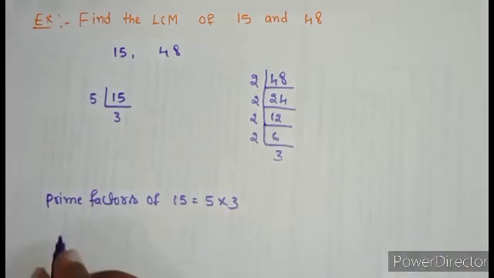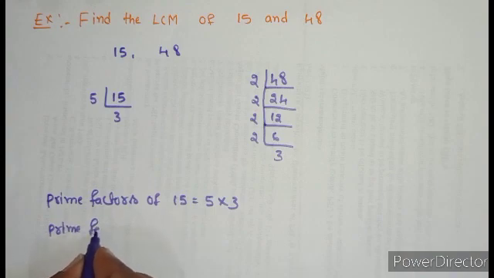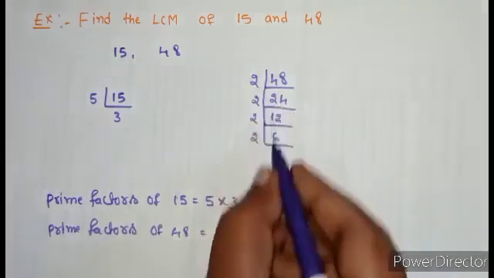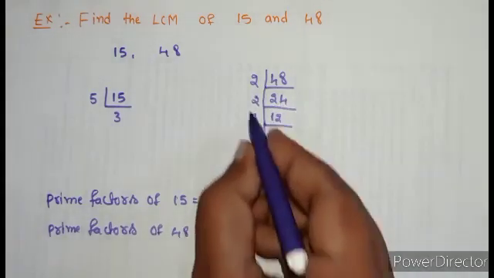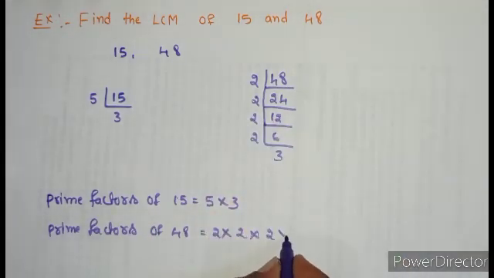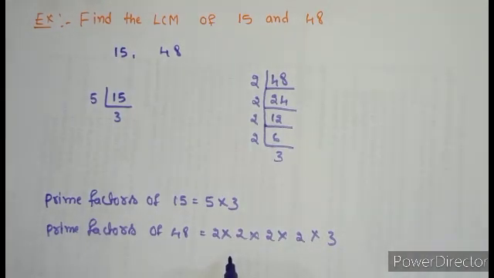We can't continue. So the prime factors of 48 is equal to 2 into 2 into 2 into 2 into 3. Here next we need to multiply the common factors and remaining factors to get LCM.